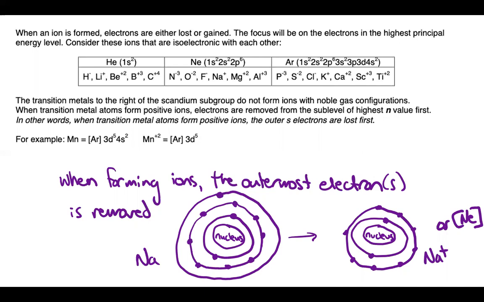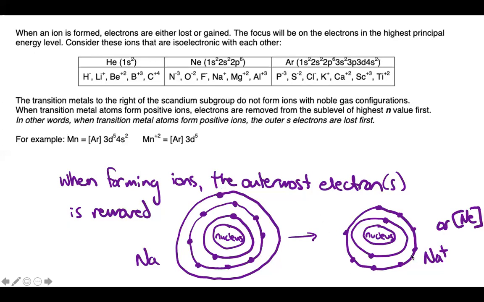So for example, if I have manganese, I'm going to lose the 4s2 electrons first if I'm forming Mn2+. When I'm forming ions, the big idea here is that it's the outermost electrons that are removed. So in the case of sodium, the outermost electron is this one lonely valence electron that's on the outside.